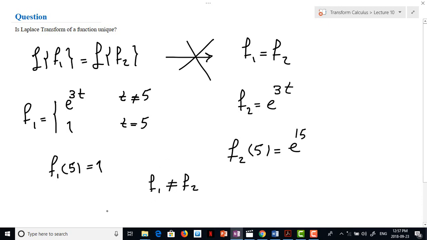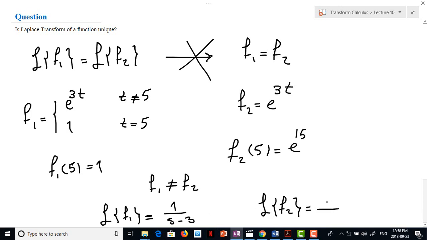These two functions are not equal, but the Laplace transform of f1, which you can find by definition, is 1 over s minus 3. The Laplace transform of f2 is also 1 over s minus 3.